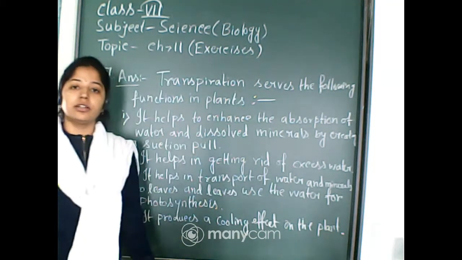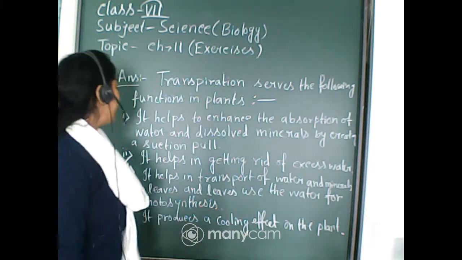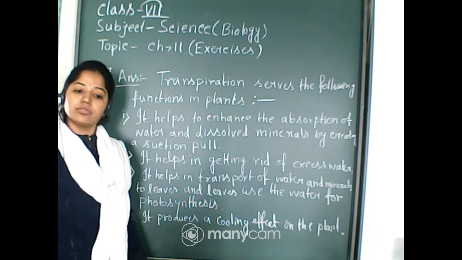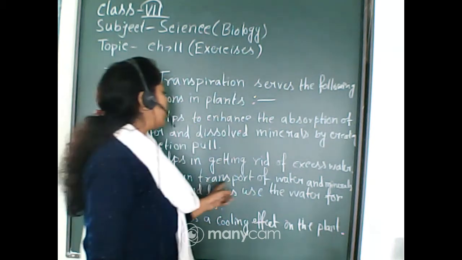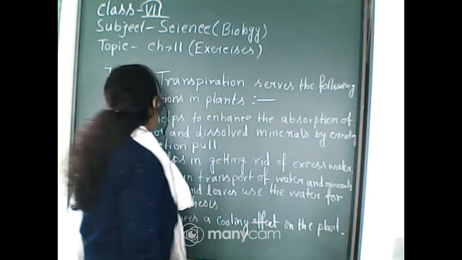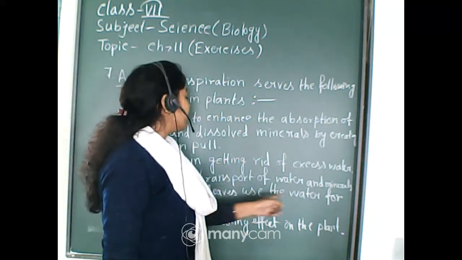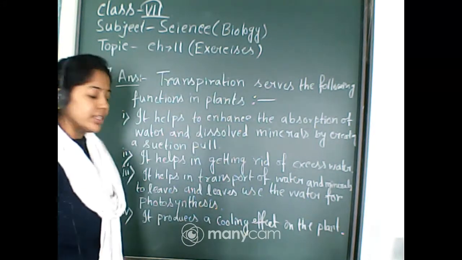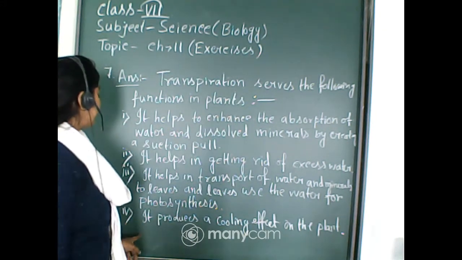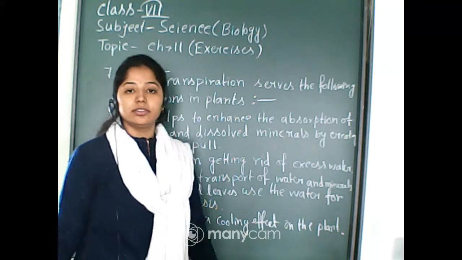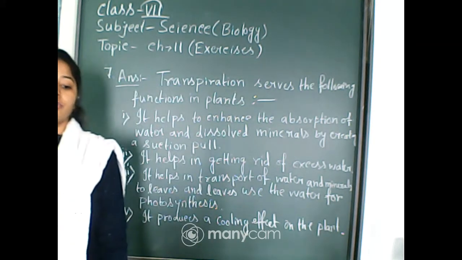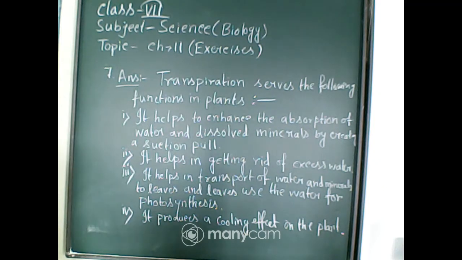If there is too much water, then it helps in getting rid of it. Next, it helps in transport of water and minerals to leaves, and leaves also use that water for photosynthesis. And the fourth function, it produces a cooling effect on the plant. So here I have mentioned how transpiration serves the following functions in plants.